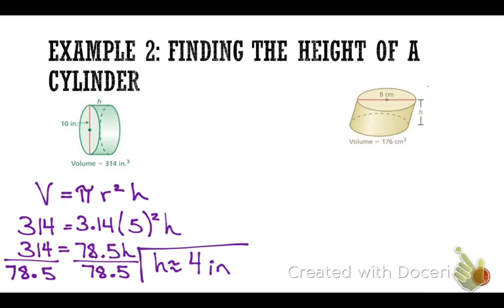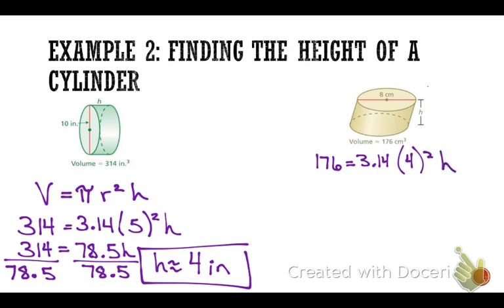All right, I want you to do the yellow one the same way. Guys, V equals, well, let's just plug it in for V. What was the value for volume? 176 equals 3.14 times, what is the radius? 4 squared times the height.